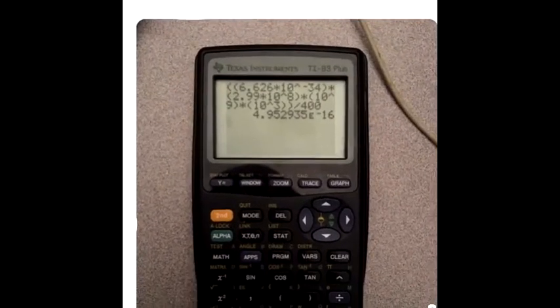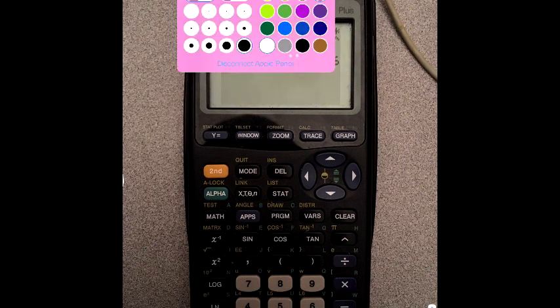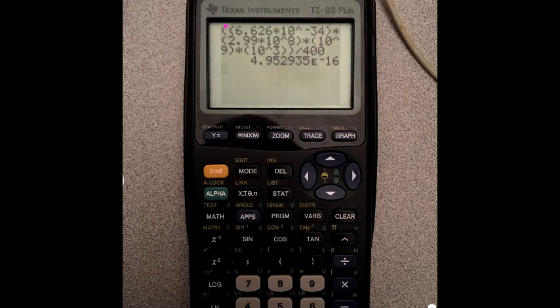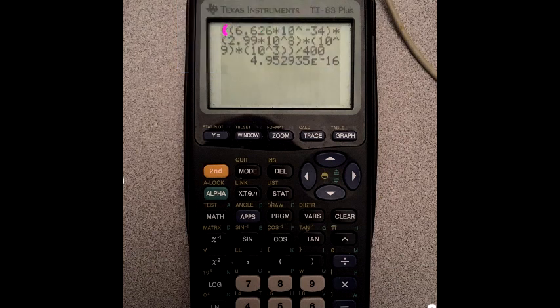In your calculator, you should have 2 parentheses when you first open it up. So you're going to have an open parentheses here. I'm going to color coordinate it. Then your second parentheses is for the 6.626 times 10 to the negative 34. Close parentheses puts that in the one quantity.